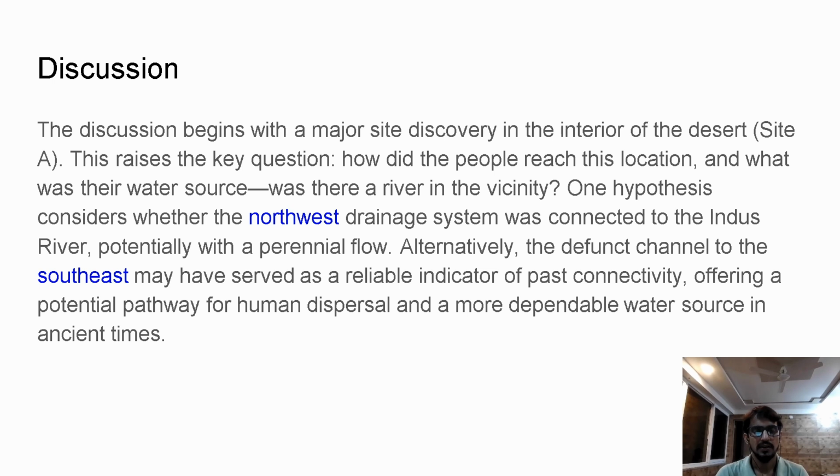Was there any river or lake that supported life in the desert, or were there different environmental situations? And if any drainage was there, whether it was linked to the northwest system or southeast system, these were the major aspects which we were targeting during our study.